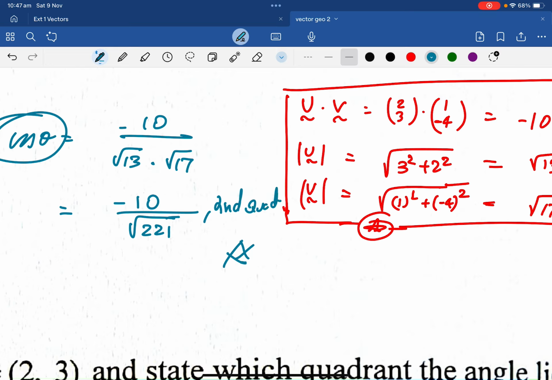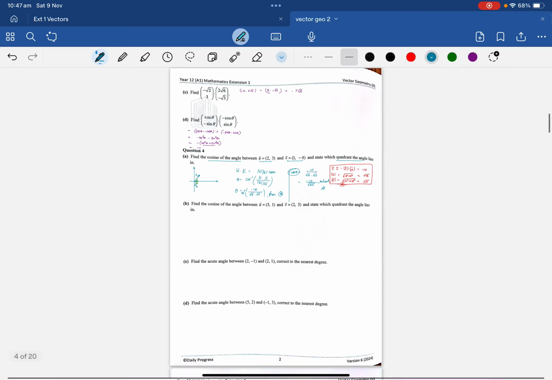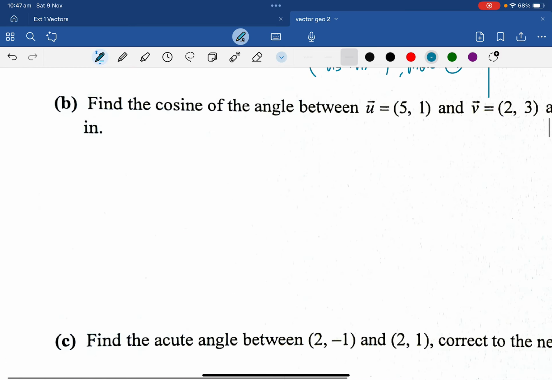To figure out what quadrant it lies in, you did have to go on and take the cos inverse of theta, which happened to be 132 degrees for your information. But all that doesn't matter now because we're back at it again. So easy, a normal diagram.